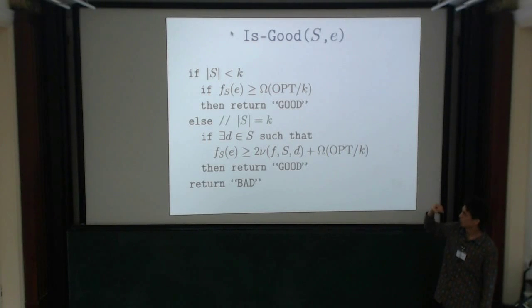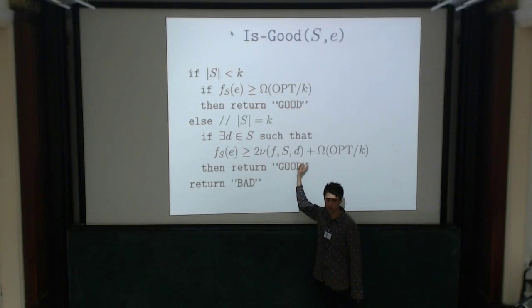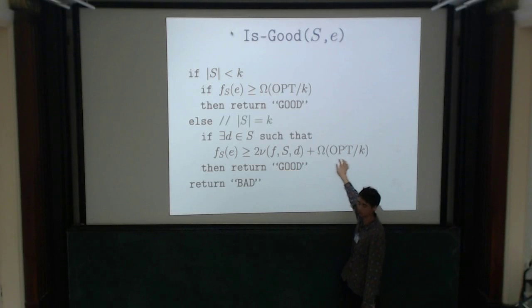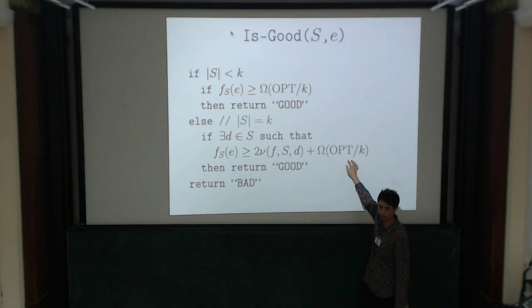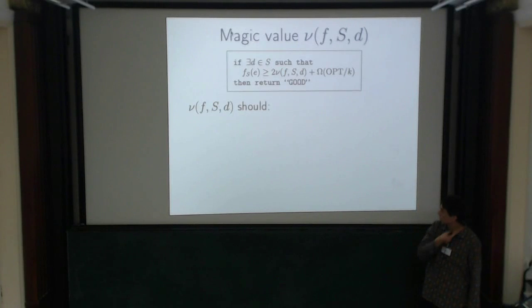If my set is all filled up, then I'm going to look for a good exchange. In particular, I'm going to compare the margin to this kind of magical value here, and we'll try to figure out how to design this in a moment, plus an additional threshold.